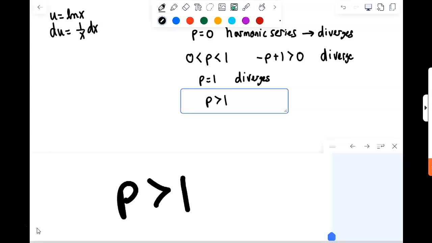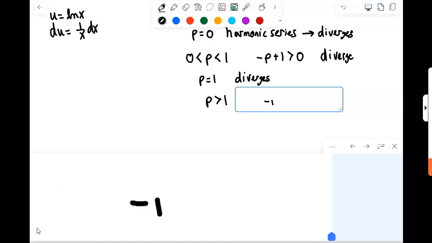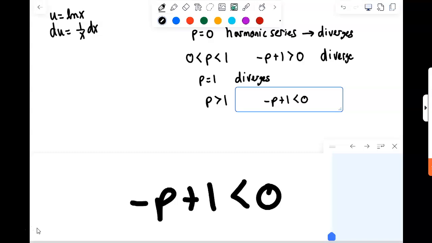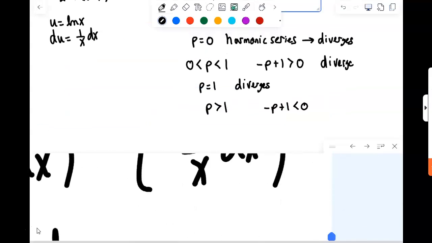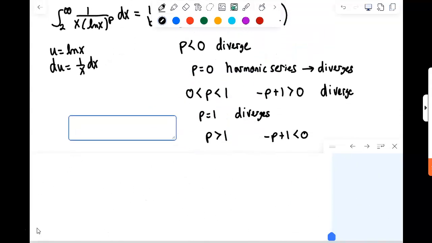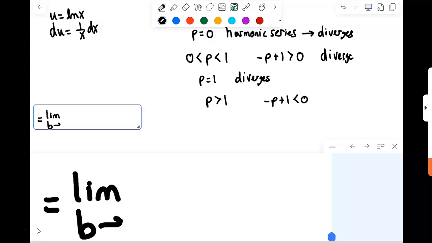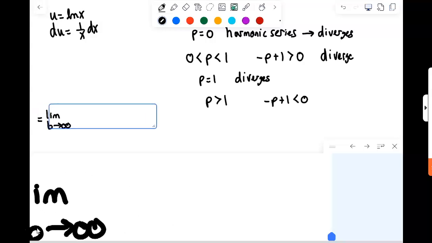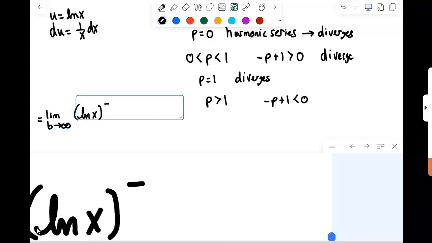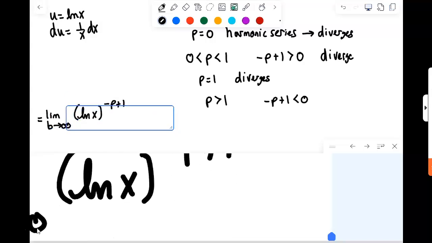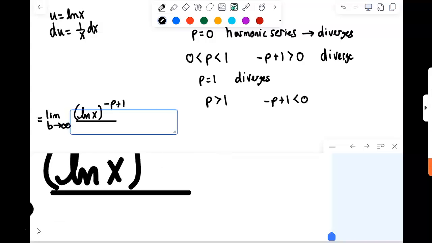Well, then when p is greater than 1, minus p plus 1 is less than 0. So that means when we apply our power rule here, this will be the limit as b goes to infinity of ln of x to the minus p plus 1, divided by minus p plus 1.